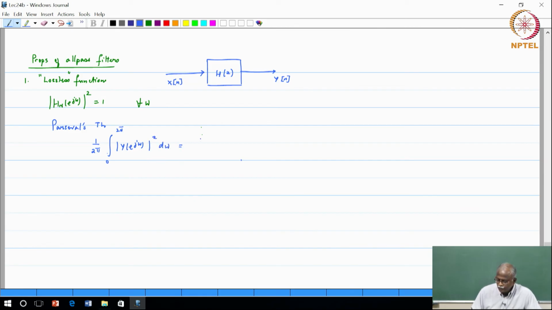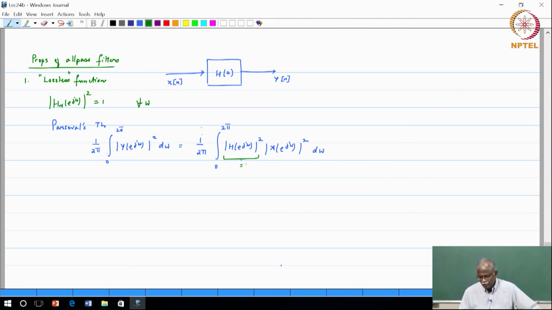That is the input output relationship for LTI systems using Parseval's, but this H term is exactly equal to 1.